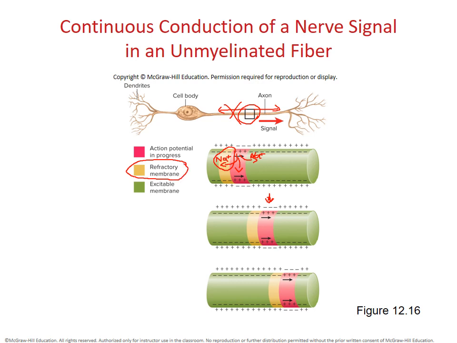It won't be in its absolute refractory period, but it will still be in its relative refractory period, which, remember, lasts about 50 milliseconds. So when this action potential is occurring, this piece of membrane just behind it is still clearly in the middle of its relative refractory period.